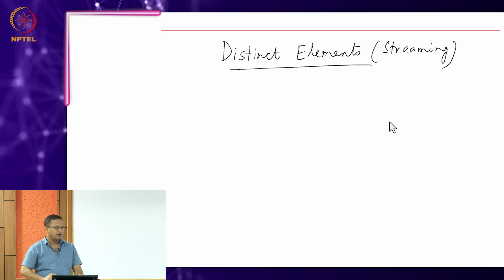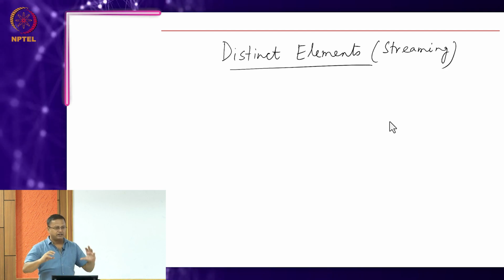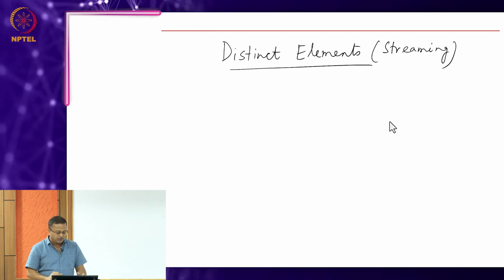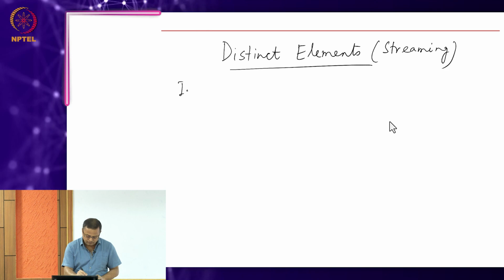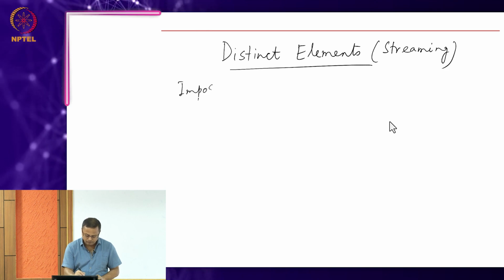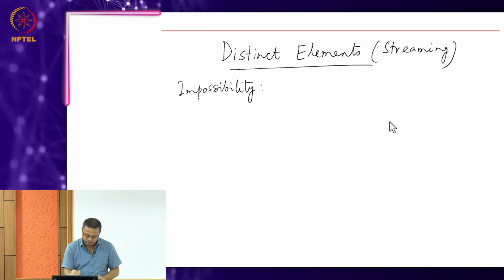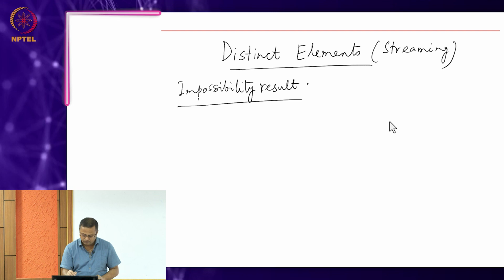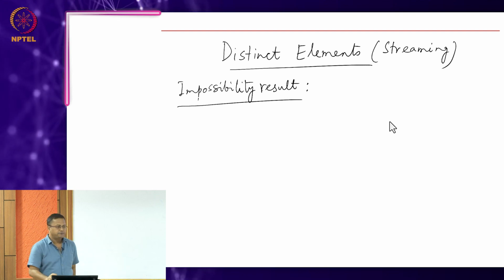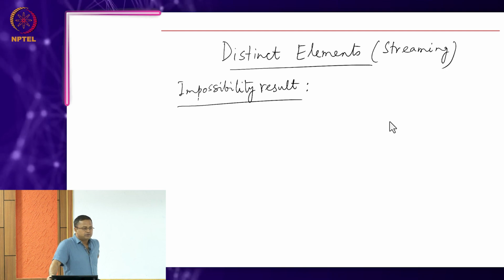Now, as I said, this is kind of an impossibility result, and impossibility results are mostly done through reductions. Now, what does this reduction tell you? Say for example, I want to prove a bound for distinct elements.